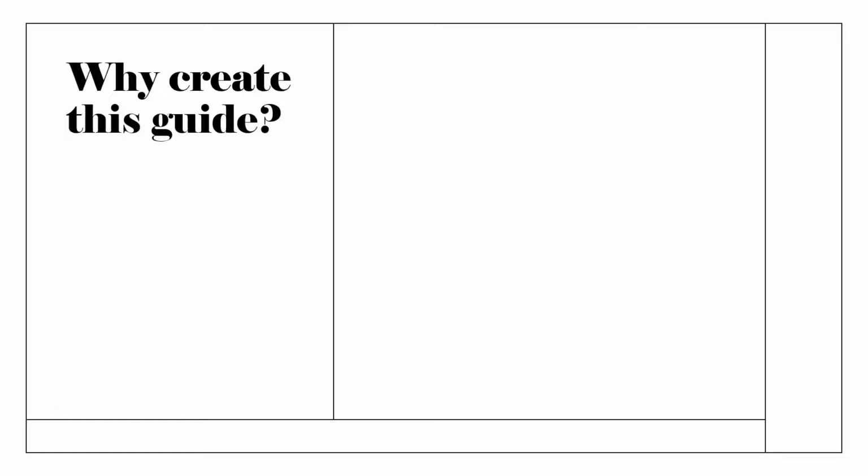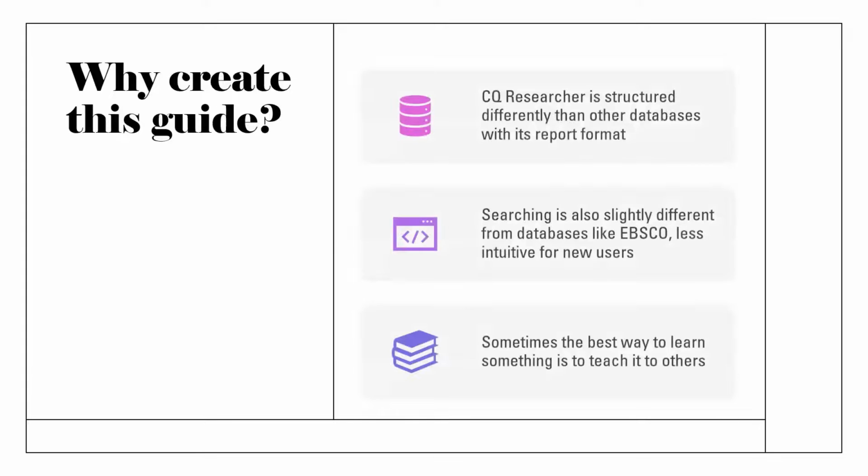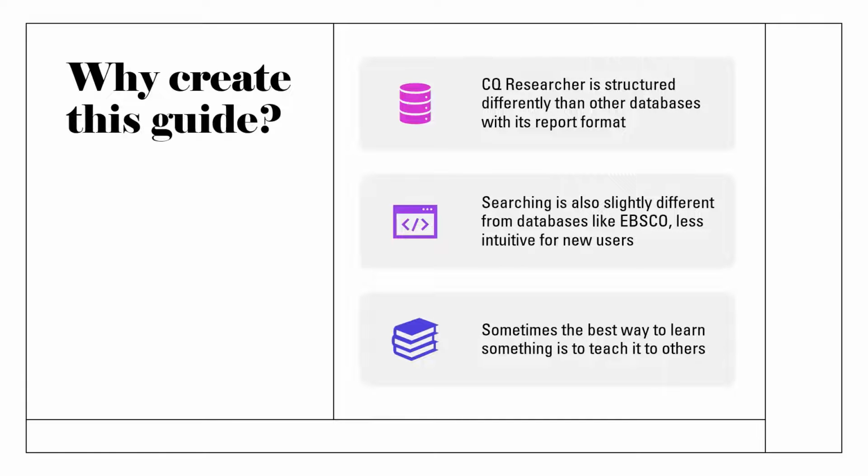I created this guide for a couple of reasons. CQ Researcher is structured a little differently than other databases that feature scholarly articles, with its report formats. So searching this database is a little different than common ones like EBSCO, and it can be a little less intuitive for new users.